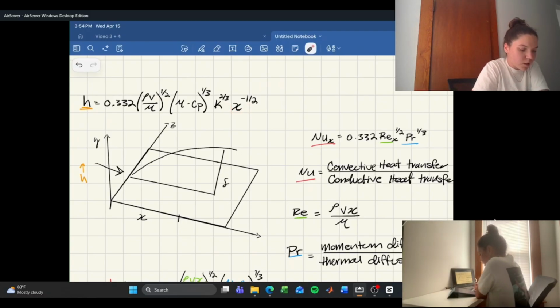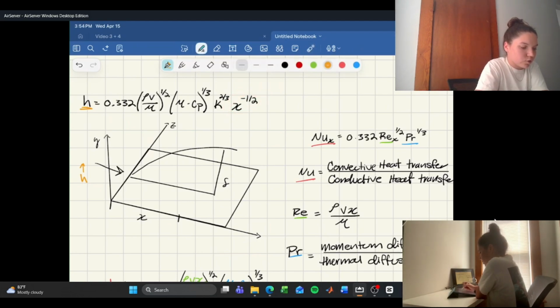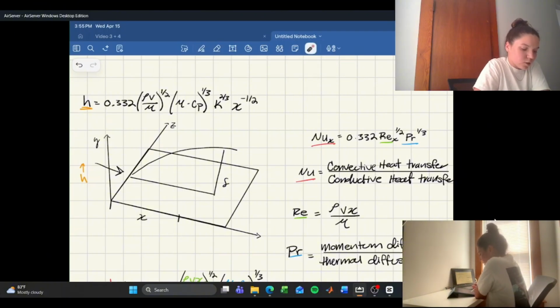So if you increase the length, this will get smaller because this negative 1/2 is just the square root of x in the denominator. So increasing that would make the h term smaller. So as x increases, h decreases.